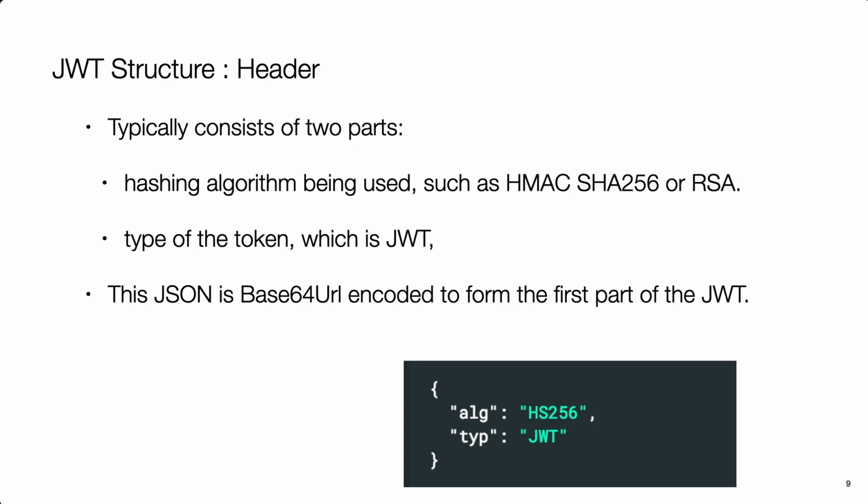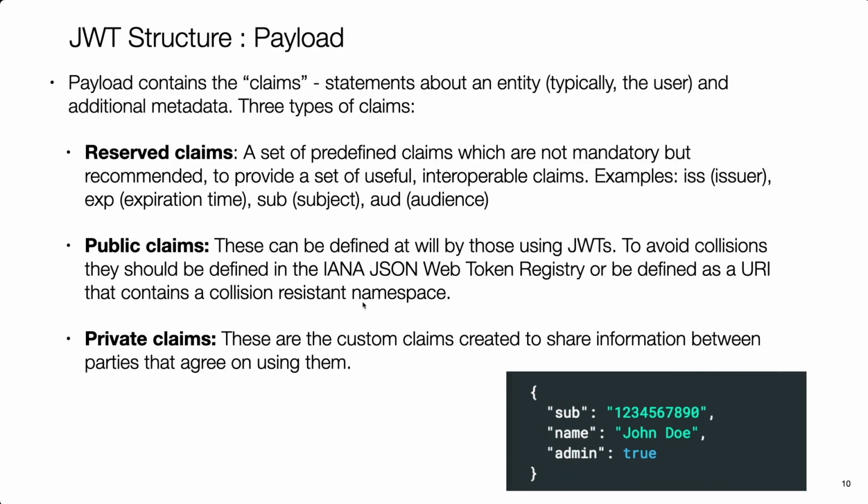So the header, two parts usually: the algorithm and the type of the token. Type is JWT in our case, so that's the standard we're using, base64 encoded. And there's a range of standard popular algorithms that are available and can be inserted in here. The payload, the second part, contains what's called the claims. These are statements about the entity, typically the user.